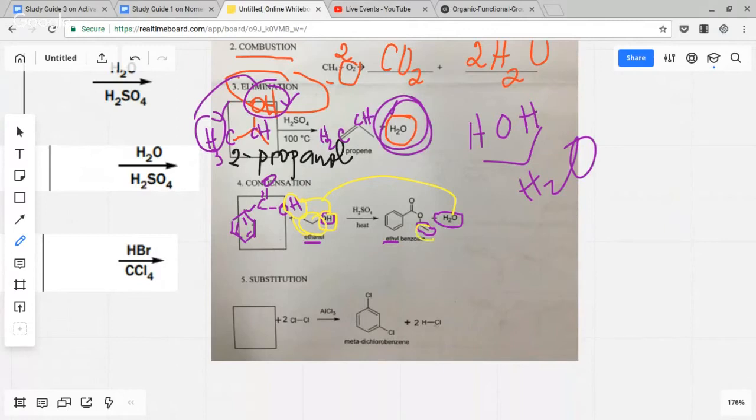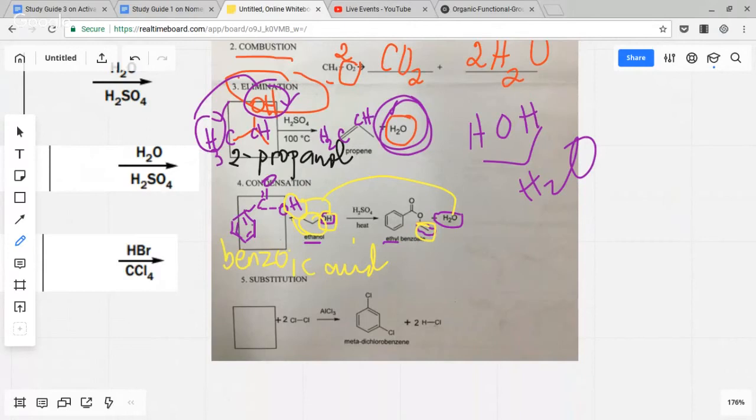This is the spot where ethyl took the place of H, and that's where your ethyl got its location. So therefore, your reactant is what we call your COOH, your carboxylic acid, which should end in oic acid, but it's benzene. So therefore, we name this as benzoic acid. That's your missing reactant.